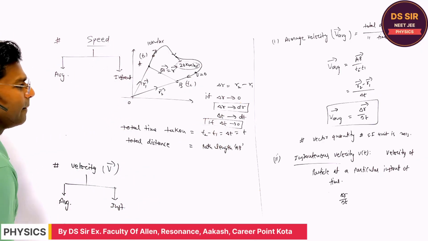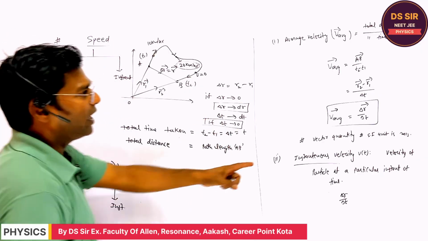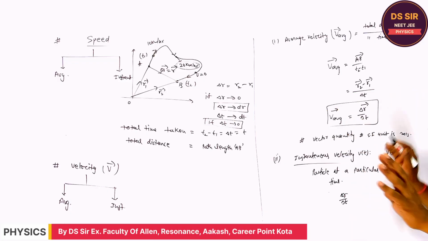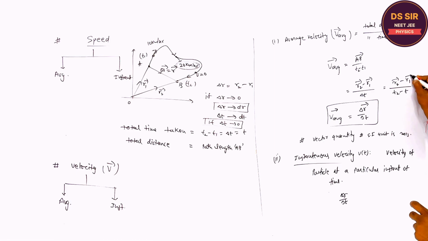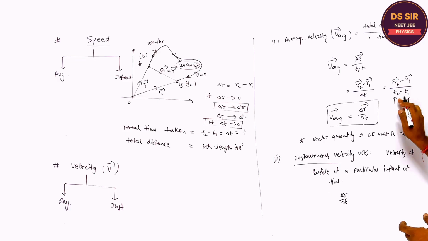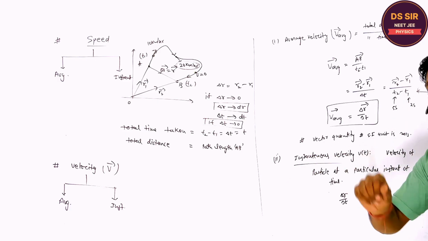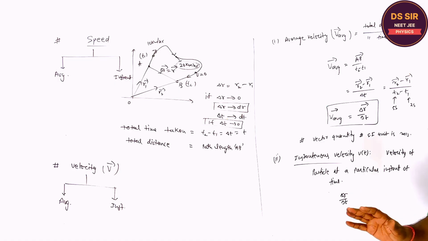For example, in the average case, try to understand, it is very important. When you are taking the average, t2 minus t1, r2 minus r1, t1 initially is suppose 2 seconds, and t2 will be 5 seconds. There will be a big difference in the time. Is it clear or not?